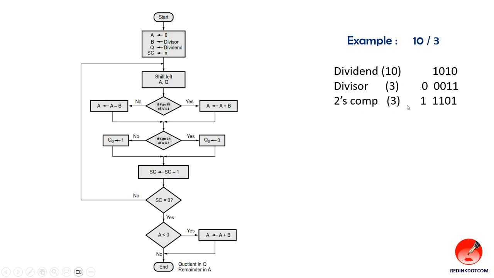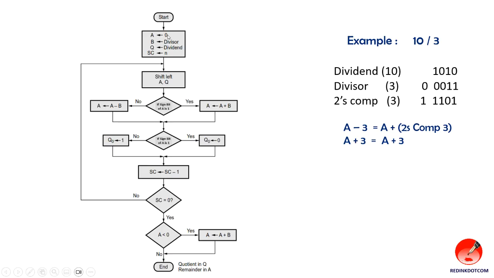So the 2's complement of 3, including sign bit, is 1101. And one more important thing: if you subtract the divisor from the A register, you add the A register content with the 2's complement of the divisor. If you add the divisor with the A register content, you can directly add the 3 with the A register content.